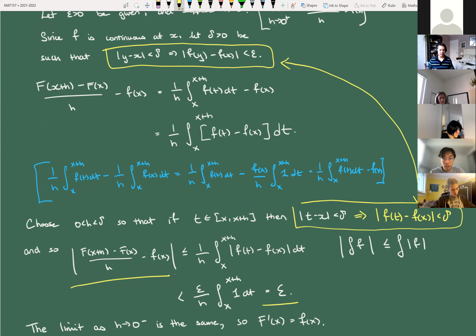By knowing that t minus x is less than delta, it tells me f of t minus f of x is less than epsilon. And then I plug that in there, right? If you look at the integral, I'm integrating between x and x plus h, so that t value is always between x and x plus h, and that's why we're able to use that.